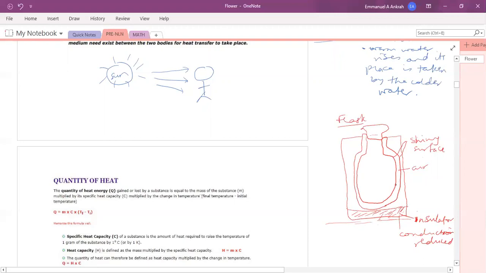Then you have air in between. This is a bad conductor of heat, so that's why you have air in between. It also reduces heat loss by conduction. Then you have the shiny surface. The shiny surface is going to reduce heat loss by radiation.